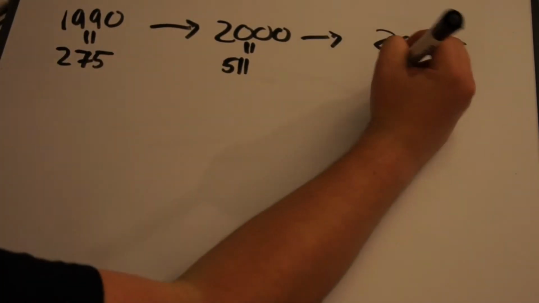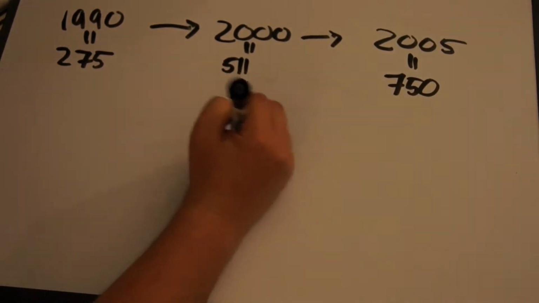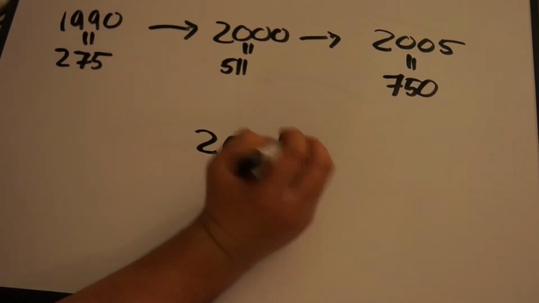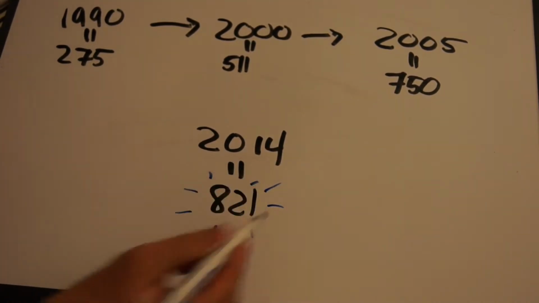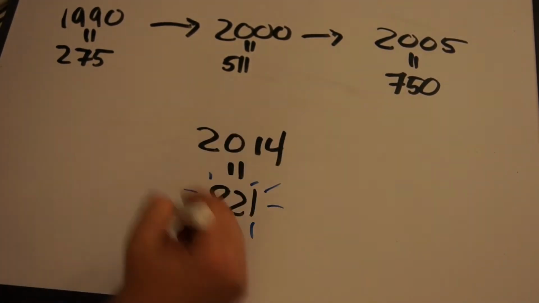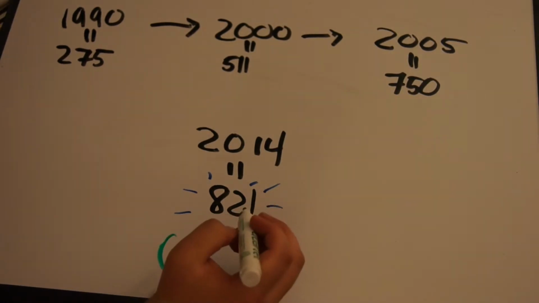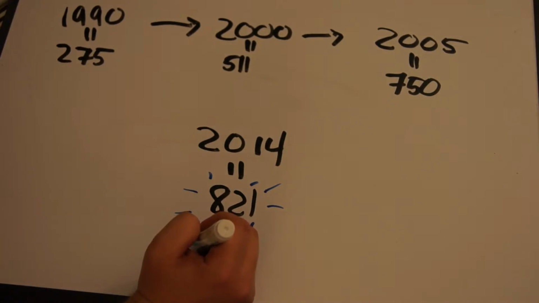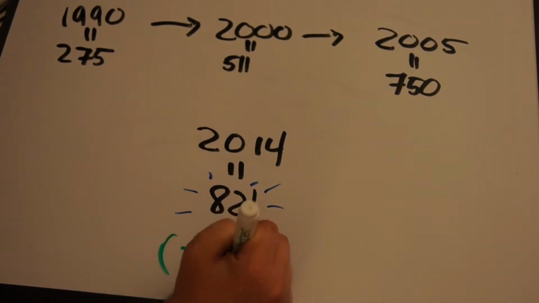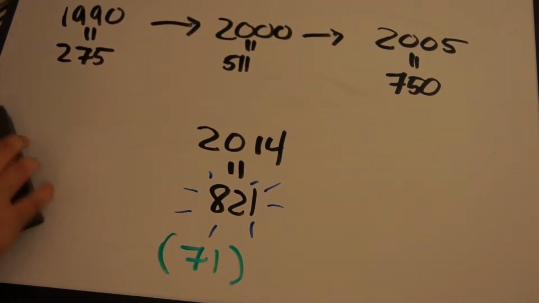In 2005, that number grew still to 750. But here we are in 2014, and Stockton's campus has 821 total computers in all labs and all classrooms. That makes for a difference of 71 total computers.